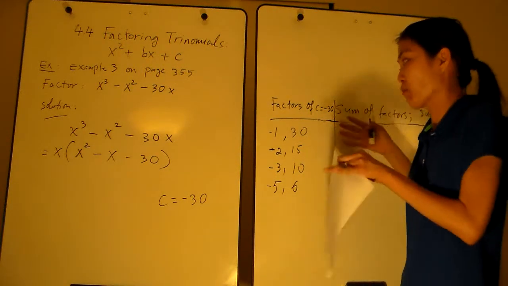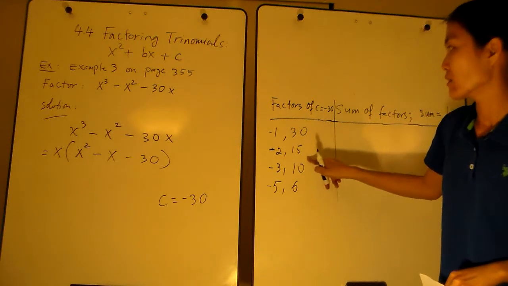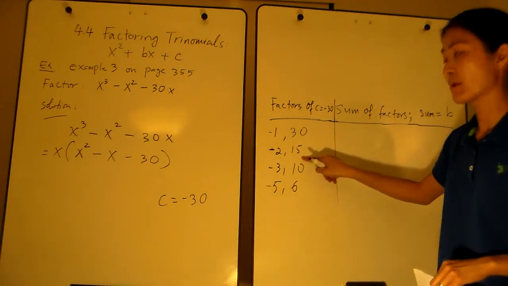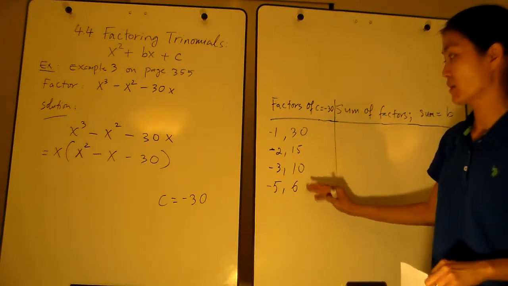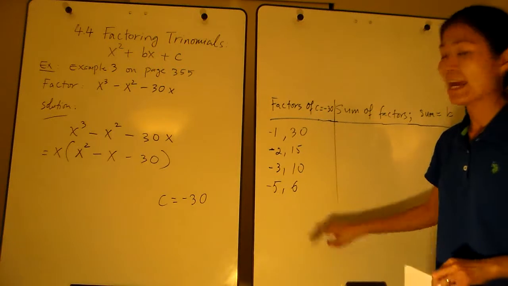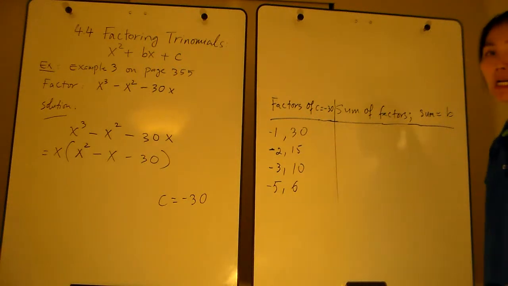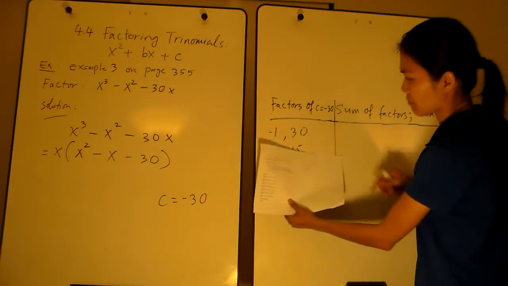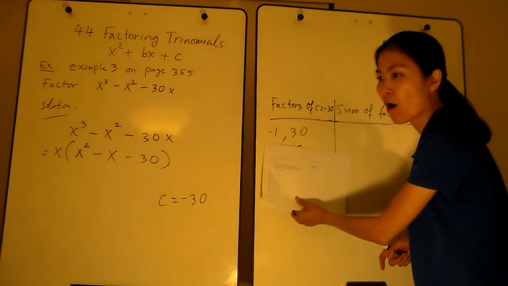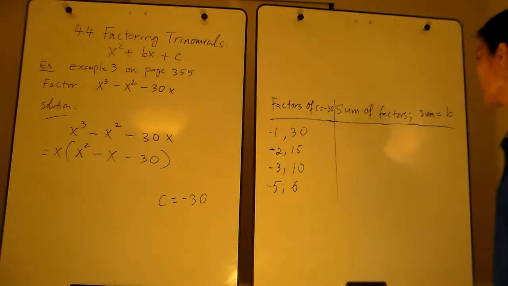Same thing, the 15 could be negative 15, or 3 and negative 10, or 5 and negative 6. So we don't know which one. All we know is that these two factors will have opposite signs. One is positive, one is negative.